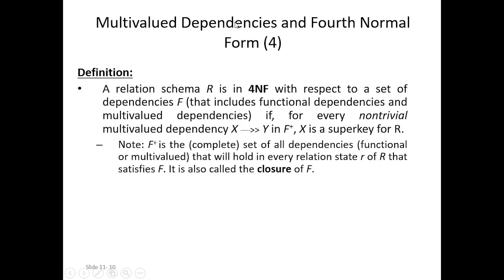We can have a formal definition of fourth normal form: a relation schema R is in 4NF with respect to a set of dependencies F, which includes functional dependencies and multi-value dependencies. So F means a set of functional and multi-value dependencies.